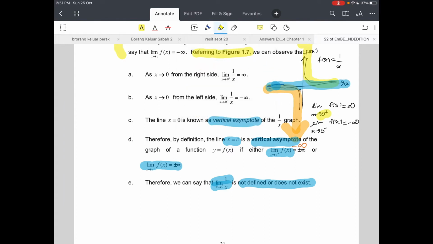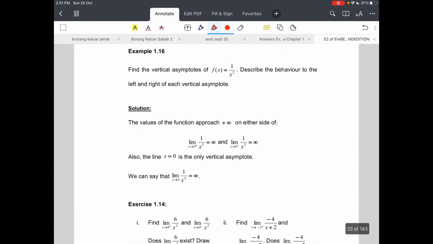Here we obtain, maybe this color, from the right side positive infinity, from the left side negative infinity, so they are not equal, so we can say it does not exist. Maybe we can go and look into example 1.16 to get a better understanding of this vertical asymptote and so on.